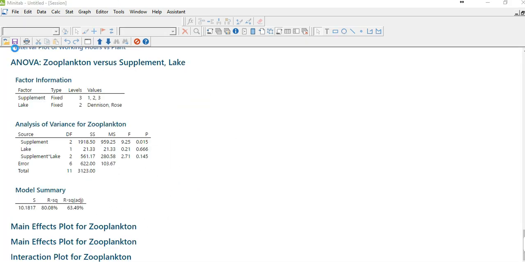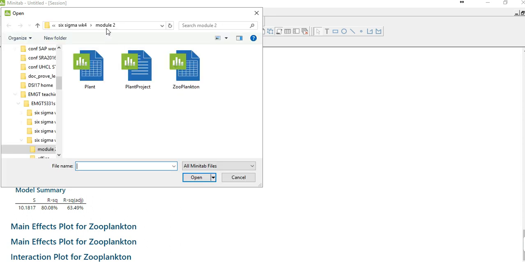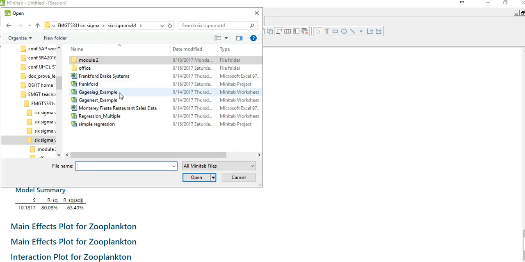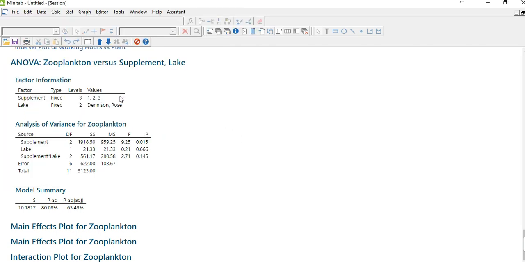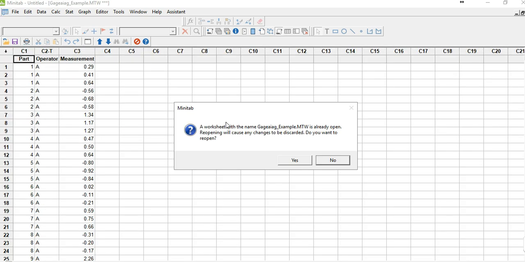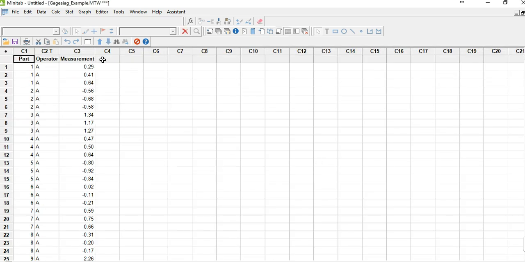So open the data. Okay, go to gauge AIAG example. You see the 3 columns. Sorry, it is 10 parts and 3 operators and the measurements.